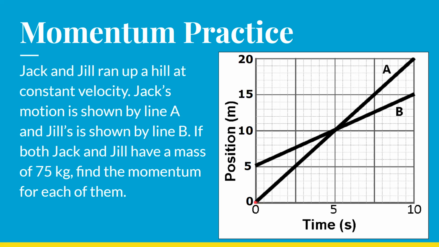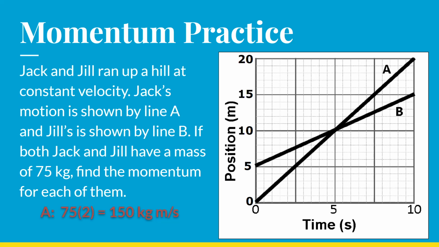So you go from 0, 0 to any point, but I'm going to pick the last one. Rise over run from here to there is 20 over 10, which gives me a slope of 2 meters per second. So for line A, which is Jack, his mass is 75, his velocity is 2. To get his momentum, it's just 75 times 2, which is 150 kilogram meters per second.